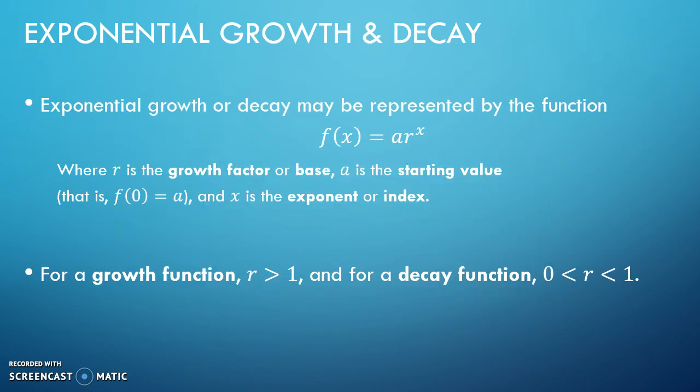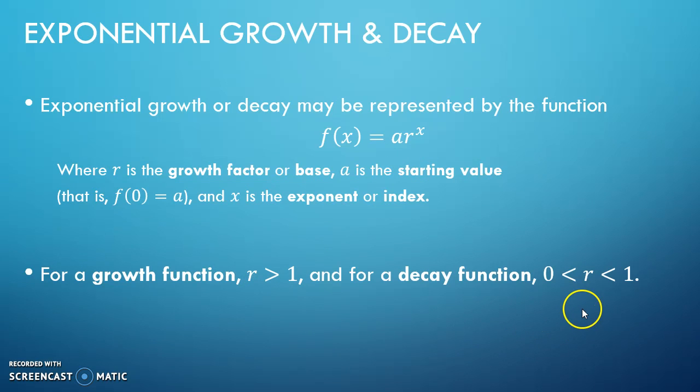Now, there's a model that we use to represent exponential growth or decay, and it's this here: f of x equals a r to the power of x, where a is the original value, r is the growth rate or the growth factor, and x is the index. If r is greater than 1, then we have exponential growth.